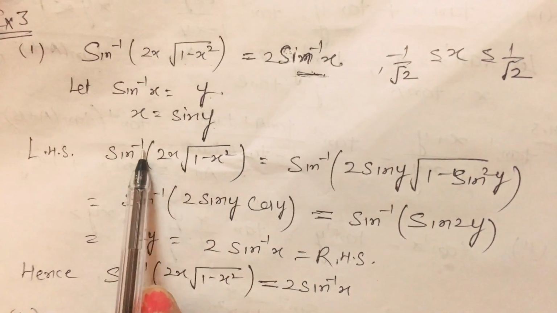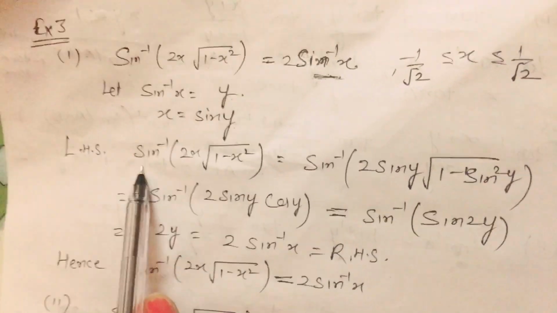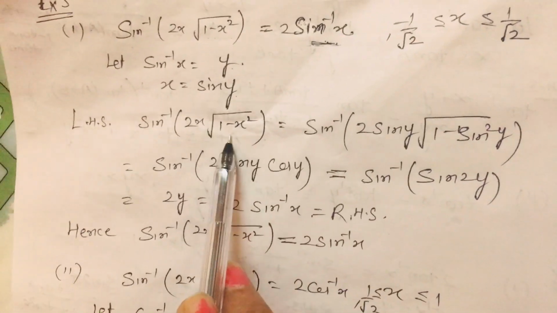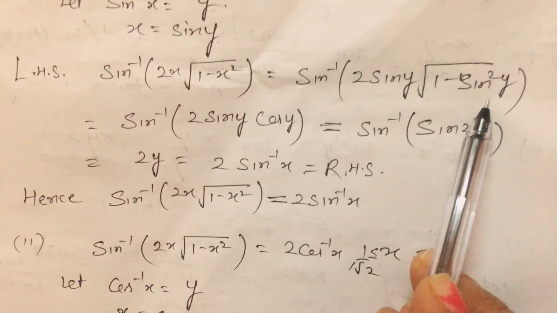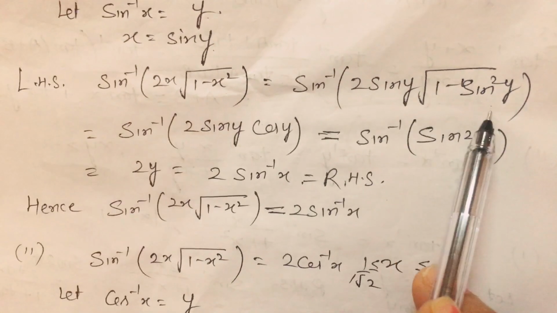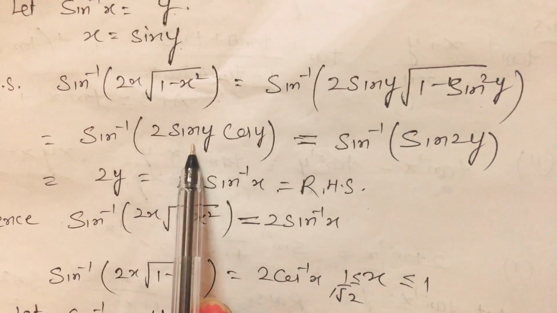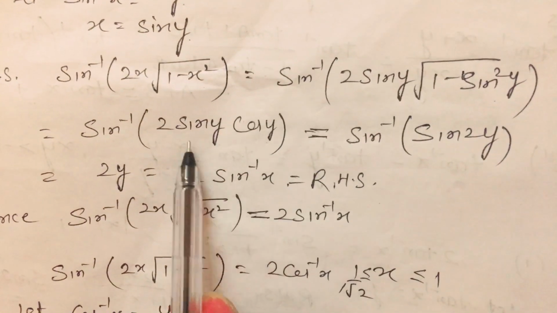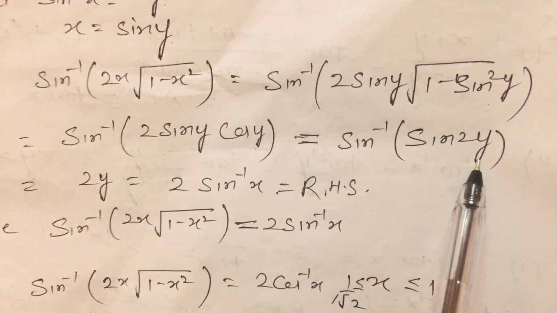Okay, then we will put x is equal to sin y in the left hand side. So sine inverse of 2 into sin y into square root of 1 minus sin square y, and 1 minus sin square theta, we know this is cos square theta, and the square root of cos square theta is cos theta. So 2 sin y cos y, and we know this formula 2 sin A cos A is sin 2A.